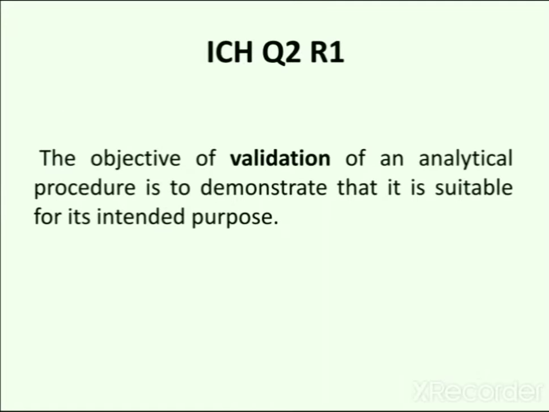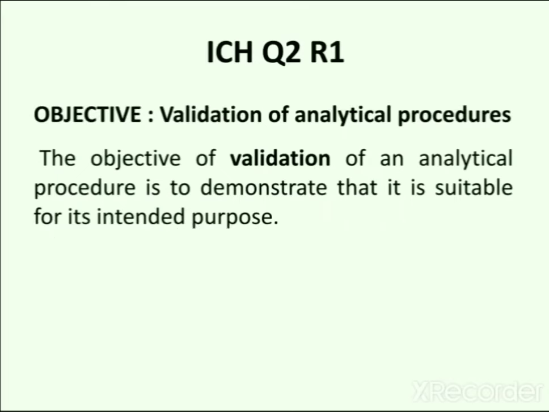ICH Q2R1. The prime objective of the ICH Q2R1 guideline is validation of analytical procedures. The objective of validation is to demonstrate and check whether the analytical procedure is suitable for the intended purpose or not.